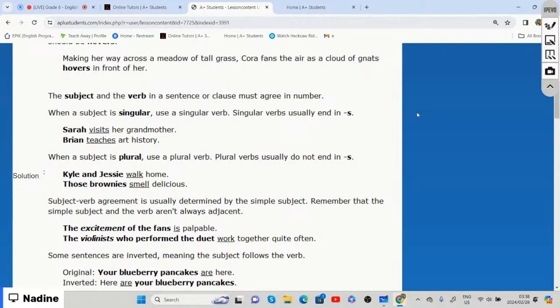For example, the excitement of the fans is palpable.